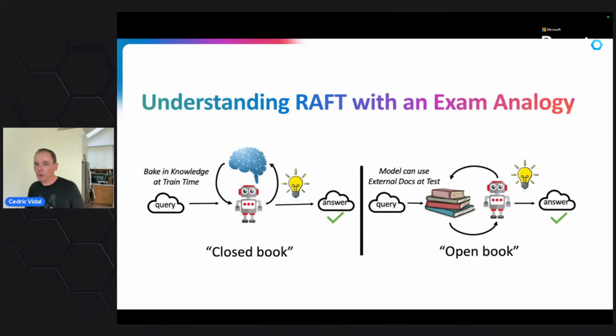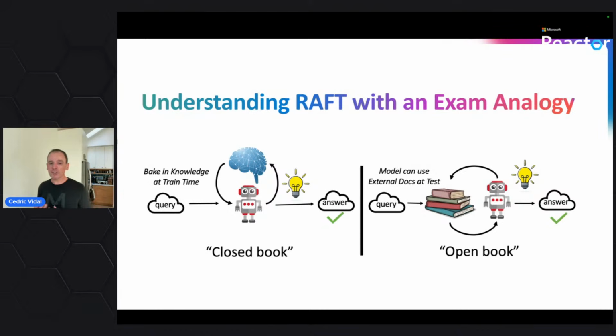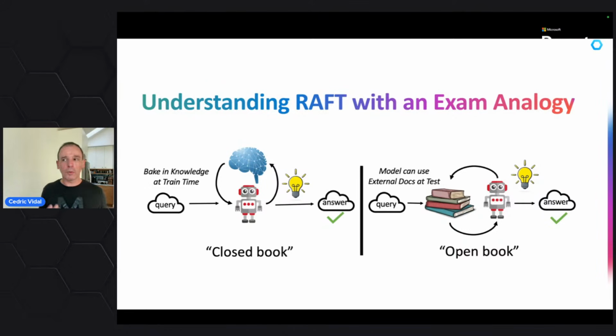So the principle of RAFT is like a student passing an exam. It's either closed book or open book. When it's closed book, it means that it's basically fine-tuning. You have worked for weeks and months or a year to prepare for an exam, and you arrive the day of the exam and you don't have access to anything, no books, no internet, nothing.